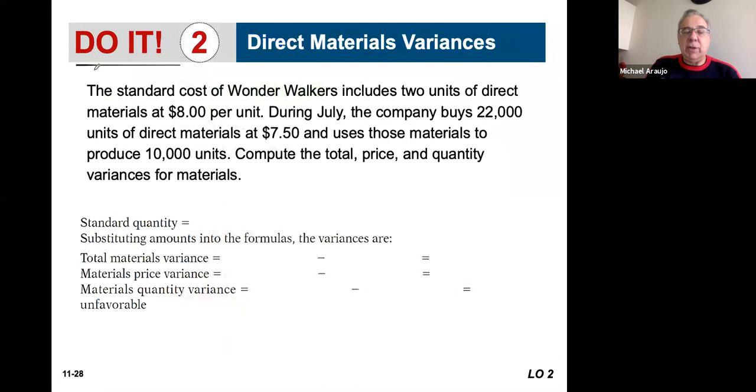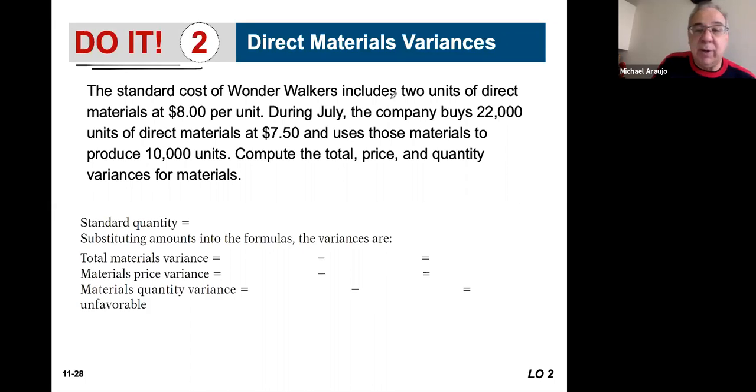All right, so now it's going to be your turn to do this, in terms of looking at the differences, the variances for direct materials. This is on page 475, and I'm pretty sure about that because I just checked. So if you look at page 475, you will see this exact one. The standard cost of Wonder Walkers is 2 units of direct material at $8.